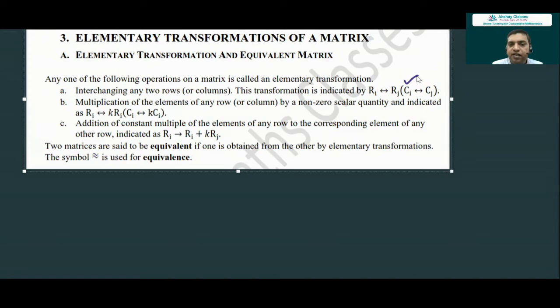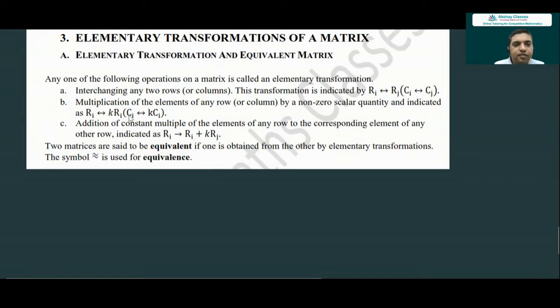Or we write Ci double arrow Cj, which means the ith column and jth column are interchanged. So this is called an elementary transformation in a matrix.